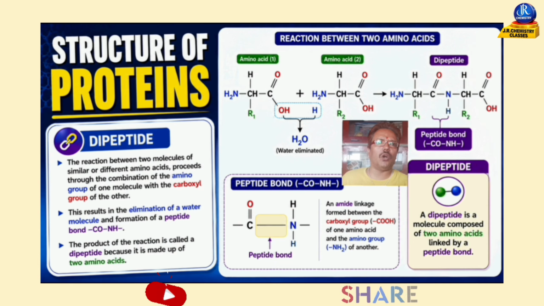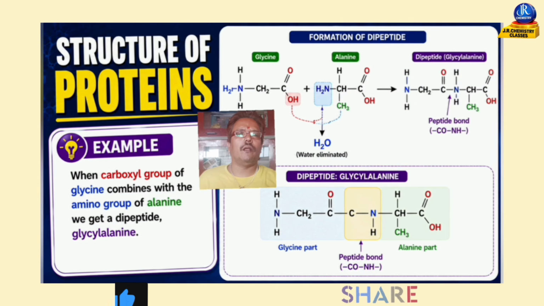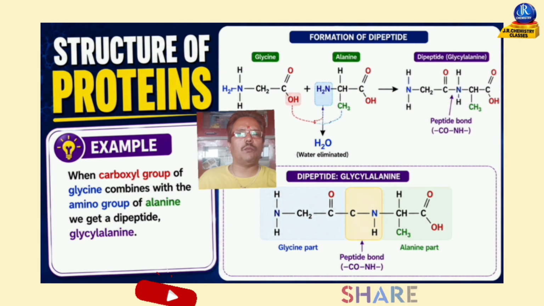The product of the reaction is called a dipeptide because it is made up of two amino acids. Example, when carboxyl group of glycine combines with the amino group of alanine, we get a dipeptide glycyl alanine.